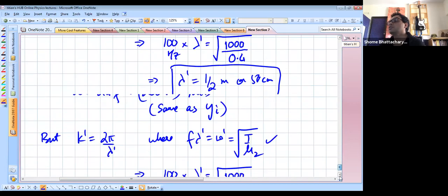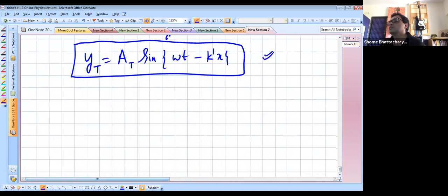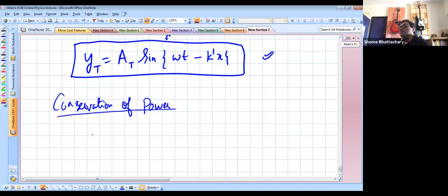So for that, we'll use the two concepts that we are discussing: the power conservation and the continuity sort of equation. So conservation of power. The incident wave's power should be equal to the sum of the transmitted wave's power plus the reflected wave's power.